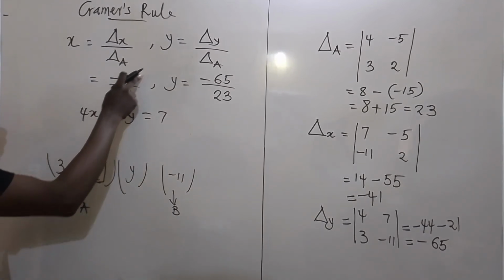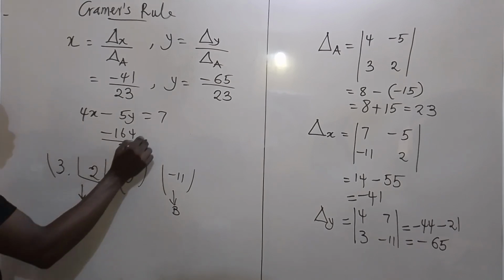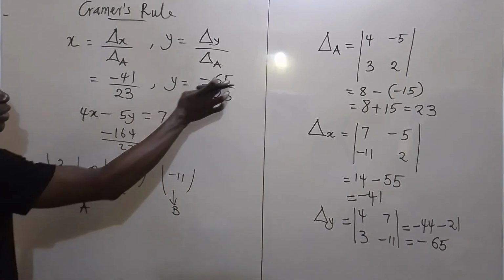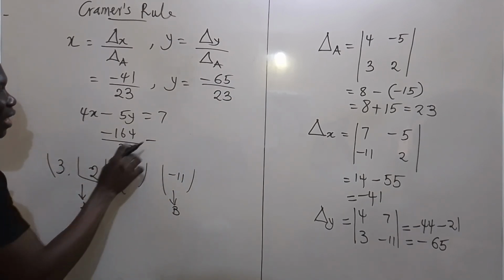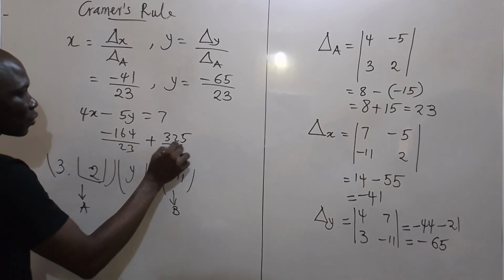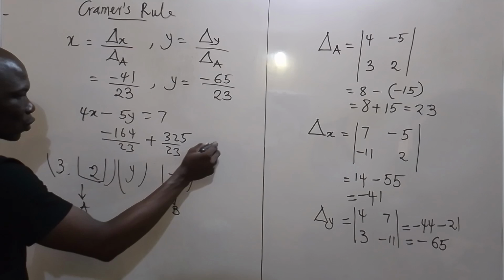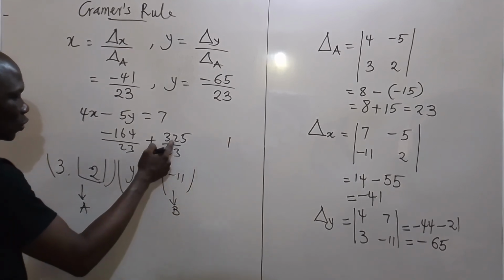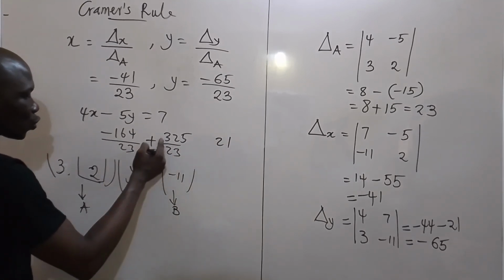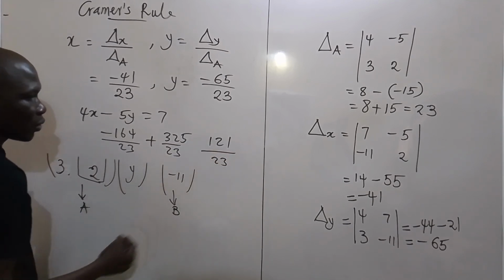4 times minus 41 is minus 164 over 23. Minus 5 times minus 65, that's a minus times a minus, so plus 325 over 23. So if we simplify this, 5 minus 1 minus 4 is 1, 12 minus 6 is 2, 2 minus 1 is 1, over 23.